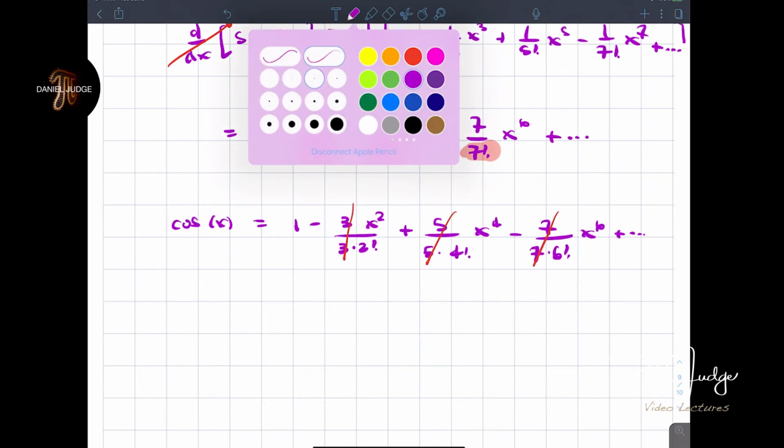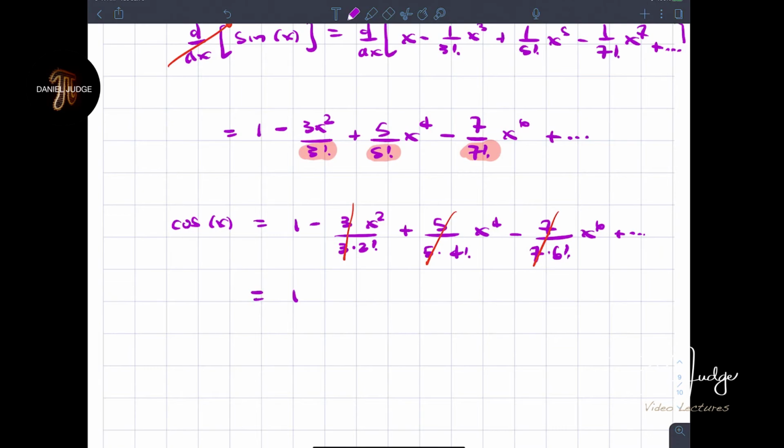And so you end up now with 1 minus x squared over 2 factorial plus x to the 4th over 4 factorial minus x to the 6th over 6 factorial, and that will alternate and continue forever.